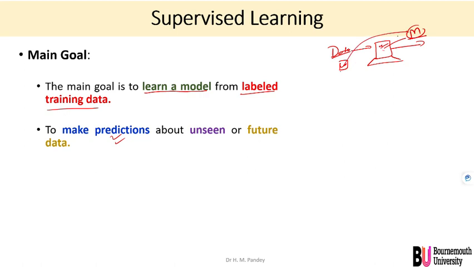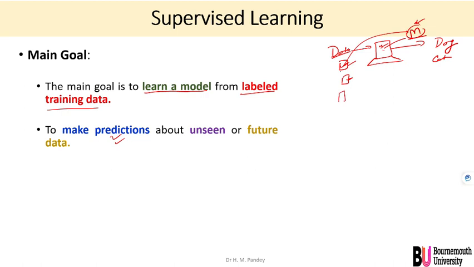Your model will process this data and tell you the image is a dog. If the image is of a cat, your model will process this data and tell you the image is of a cat. So make the prediction for the future data.